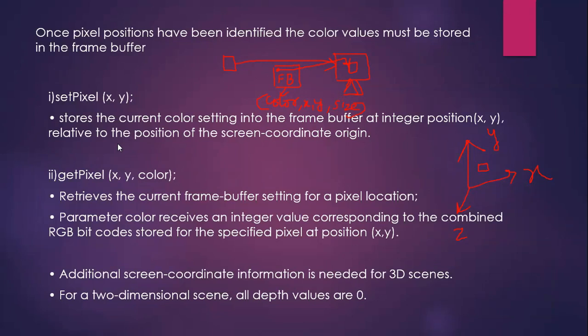And depth in the sense, suppose you have a box-like structure. For the front viewer, you have to show only the front portion of this box. The back portion, a few parts will be displayed, but a few should not be shown to the viewer at the front.